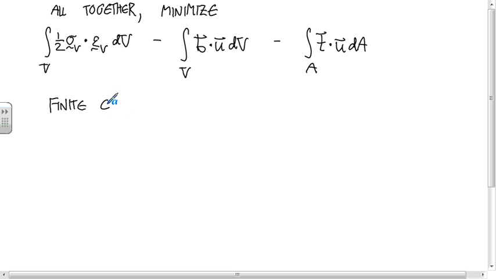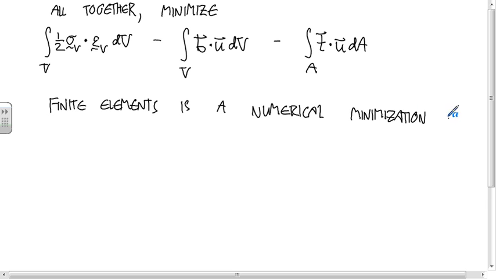So now finite elements is a numerical minimization of this. It's called a functional. Anyone talked about functionals in classes before? Do you remember what that means?